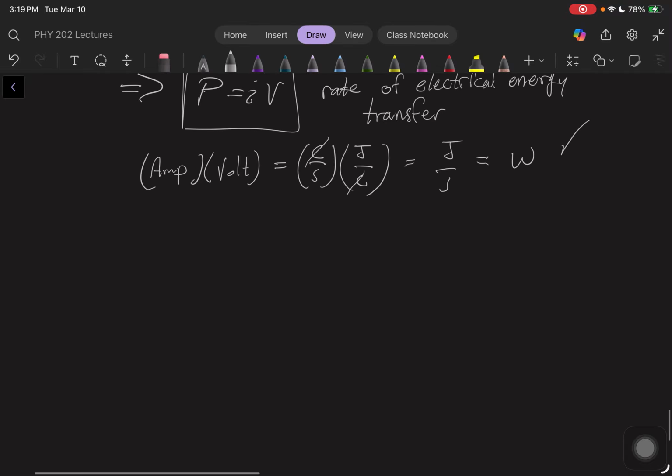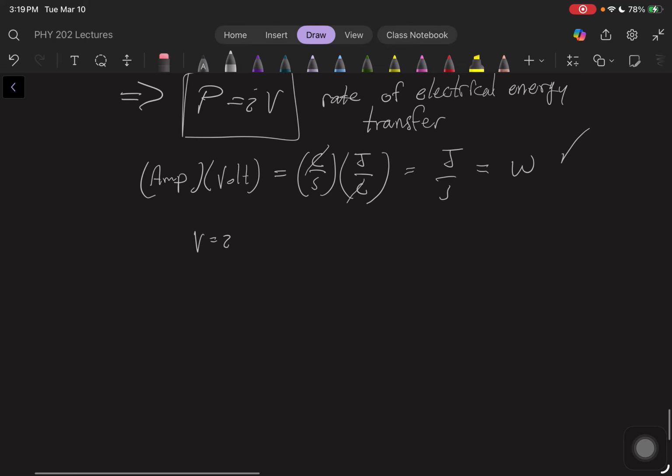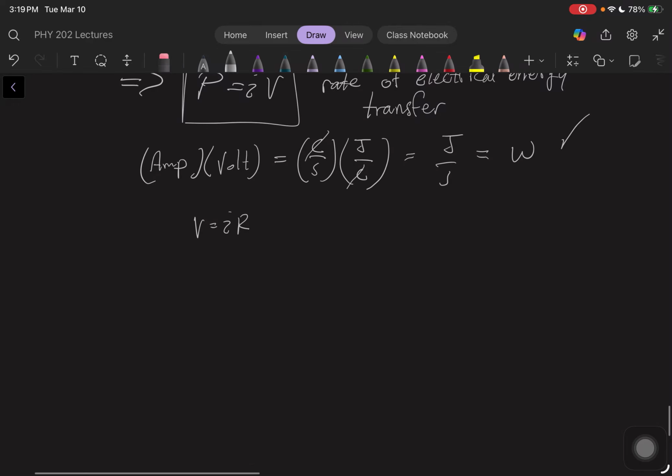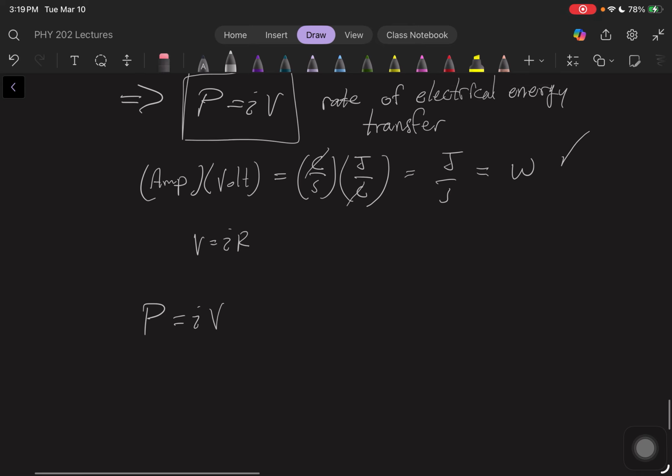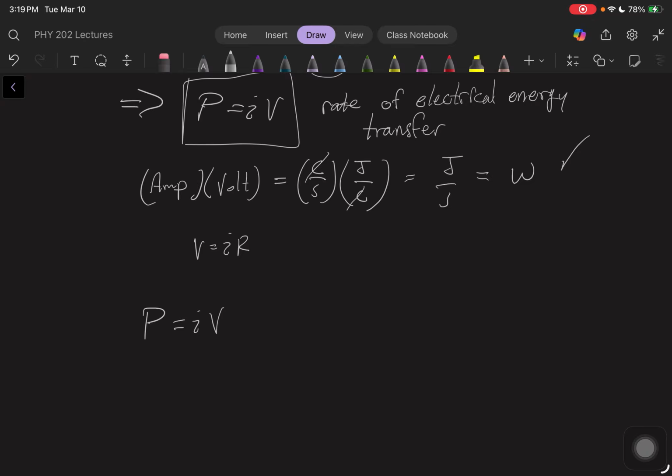All right, and then if we have V equals IR, and we want to work with P equals IV, you can go ahead and substitute in.